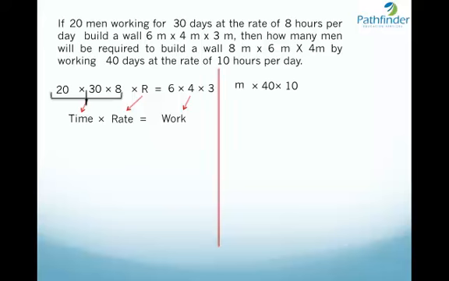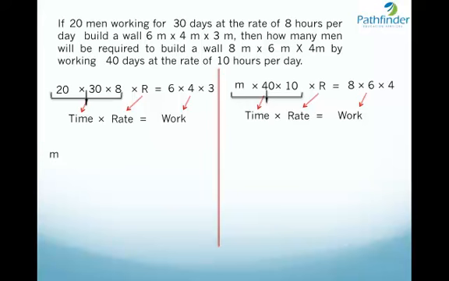This gives you the number of man hours that are required, multiplied by rate is equal to 8 into 6 into 4. And we can see that equivalence. M into 40 into 10 is nothing but the time, R is the rate, and 8 into 6 into 4 is the work done. So just to show you that the work equivalence equation is still at work here.